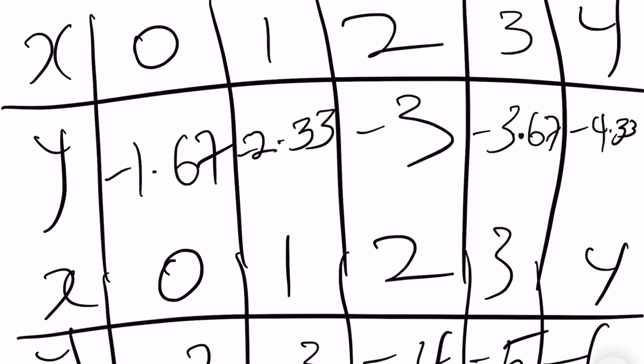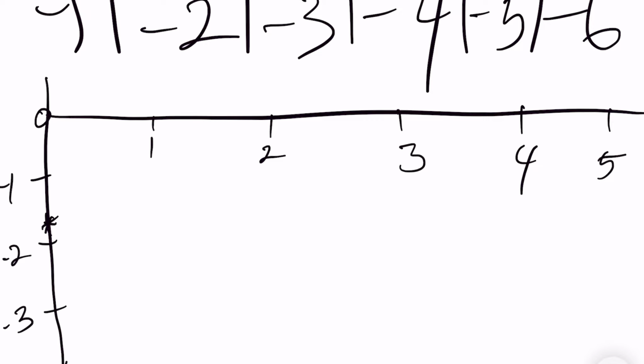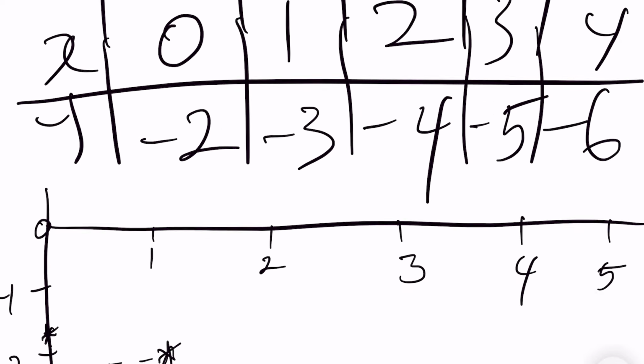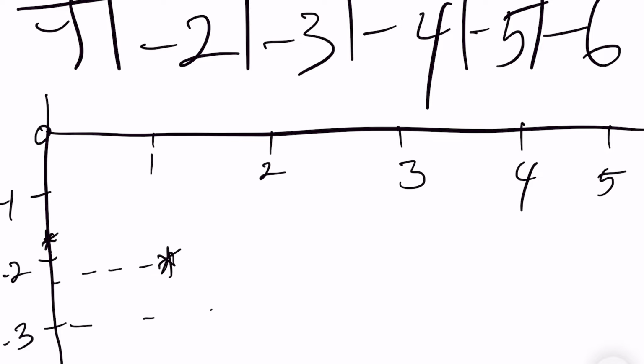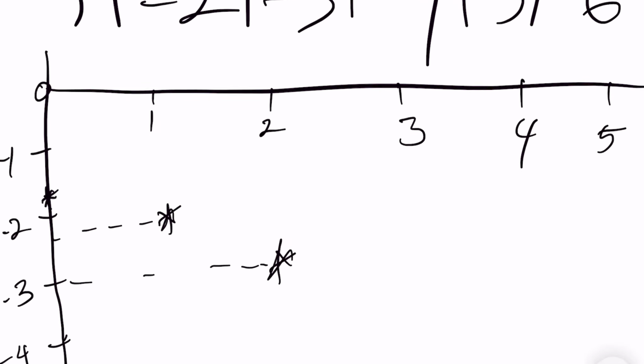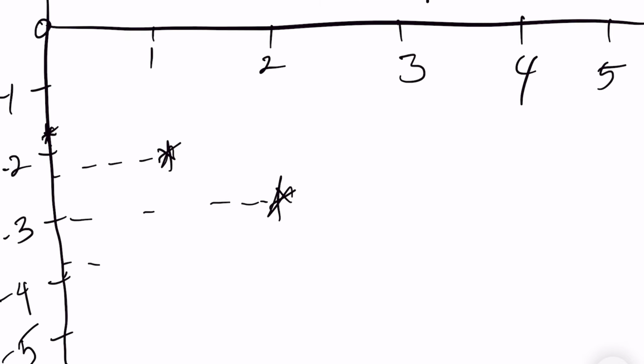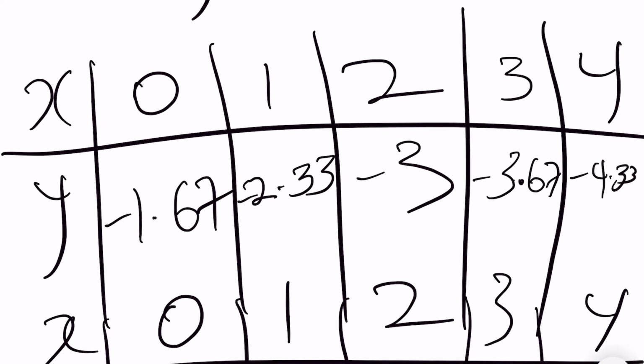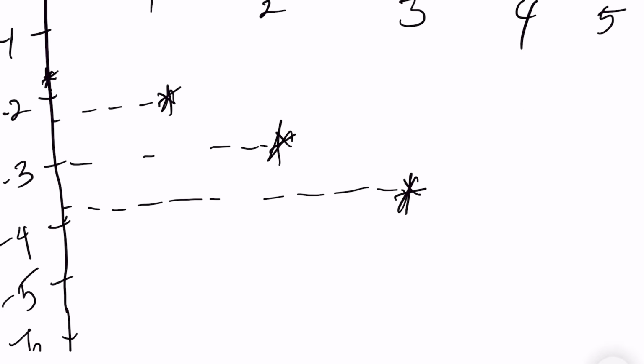At 1, we have it to be minus 2.33. At 2, we have it to be minus 3. At 3, we have it to be minus 3.67. And at 4, we have it to be minus 4.33.